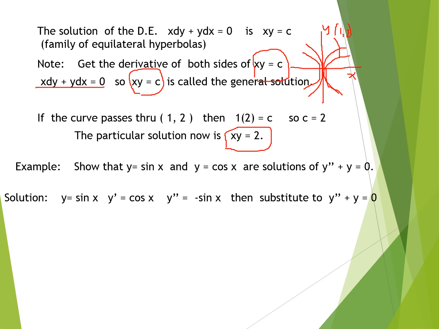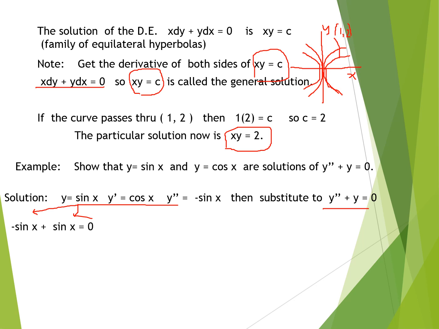We will plug it there. So what do you get? y double prime is negative sine x, and y is sine x. If you add, the value turns out to be 0.